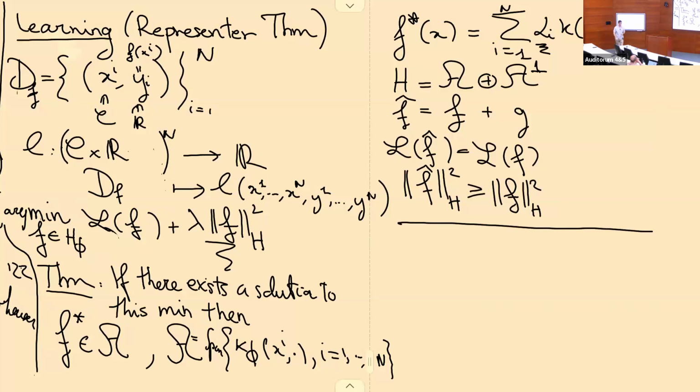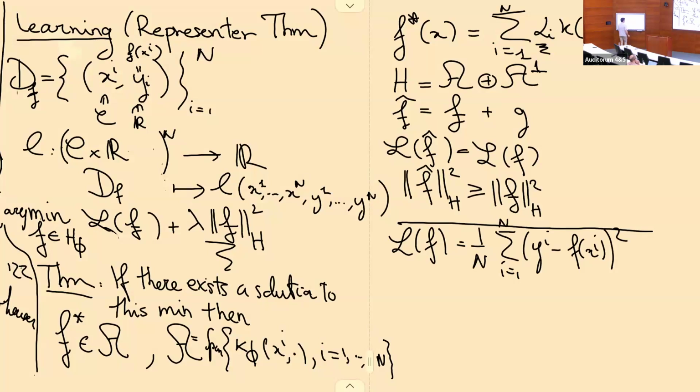And so perhaps as an example, if you take regression, then L of f is going to be equal to 1 over n, the sum from i equals 1 to n of (yi minus f of xi) squared. So that's your mean squared error, that's the loss.